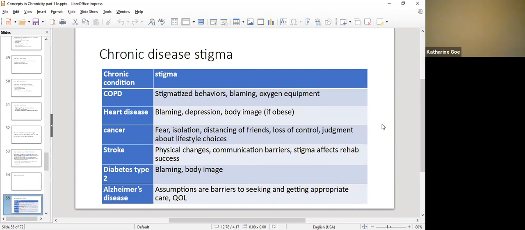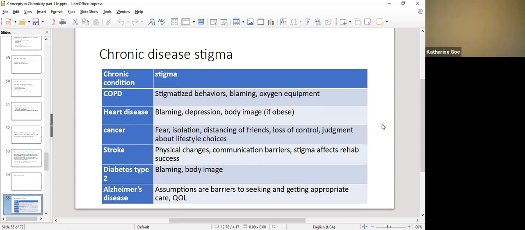Here are just some examples that I was able to research. With COPD, people are stigmatized because of their behaviors. People often feel like they're at fault for developing this illness, and having to lug around an oxygen canister can be stigmatizing because it makes you different from everybody else.